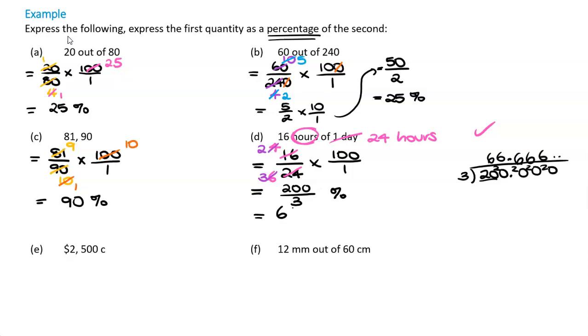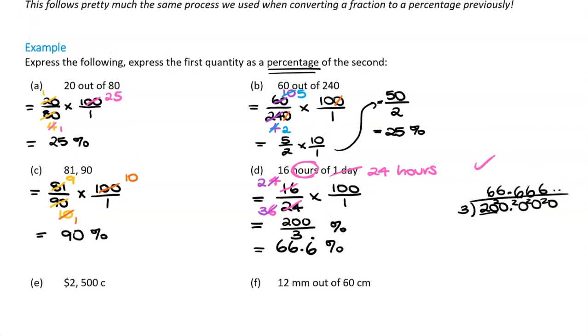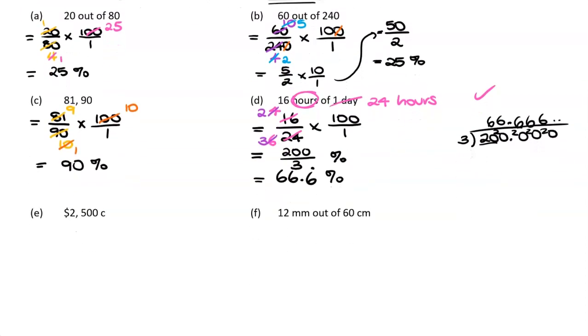So we could write that as 66.6 recurring percent, or if we didn't do it as a decimal percentage style, if we instead, when we had a remainder before, 200 divided by 3, so we said it was 66, and we got to this point here, and we said we had 2 remainder, so we could have also written that as 2/3. So that could also be written as 66 and 2/3%.